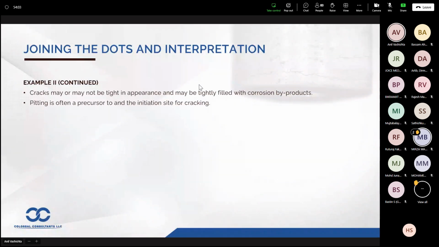Cracks may be tight in appearance and may be filled with corrosion byproducts. The initiation of the crack has been noted from a typical pit, and the cracks have been noted by MT, PT or UT inspection. You can conclude that the failure of the component was probably a result of fatigue initiating because of corrosion. So you can say corrosion fatigue.